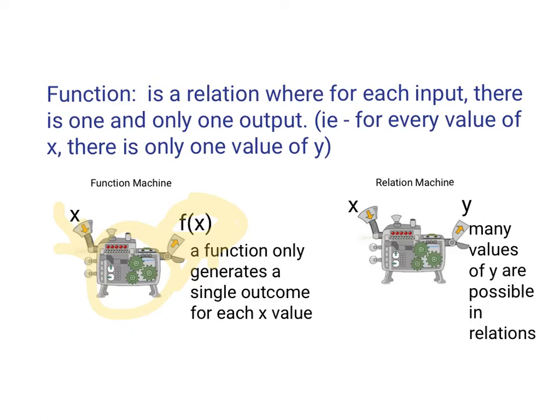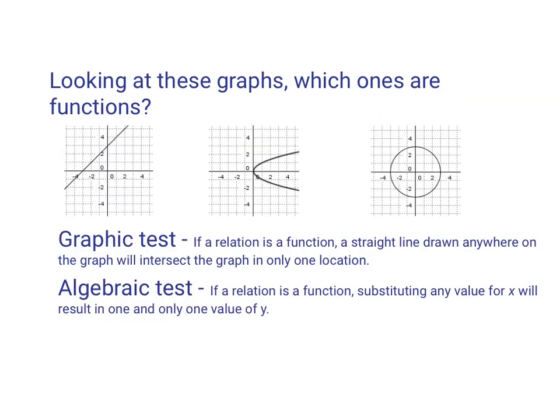Now, a function is a relation, like I said, where for every x value input, there is only one y value. The difference in a relation is that for every value of x, there can be multiple values of y. There are a couple of ways to test if something is a function or if something is a relation.